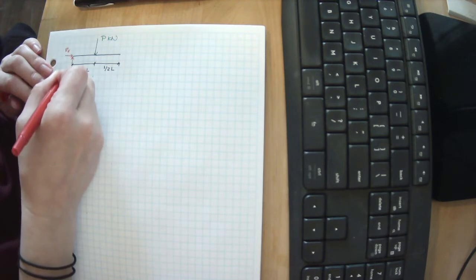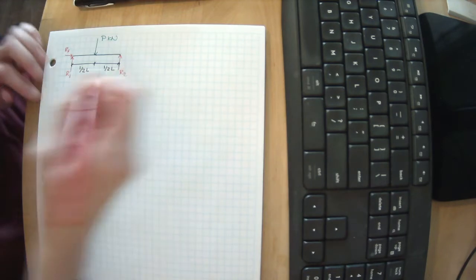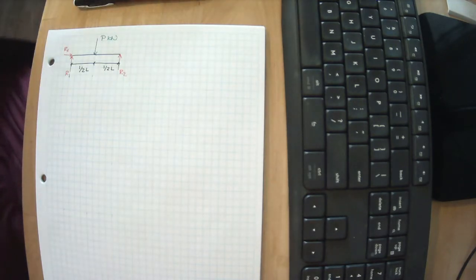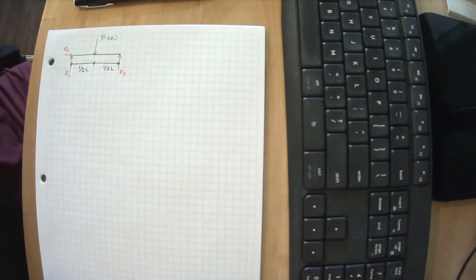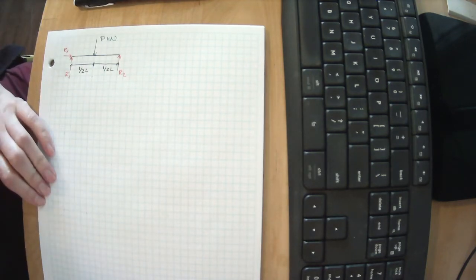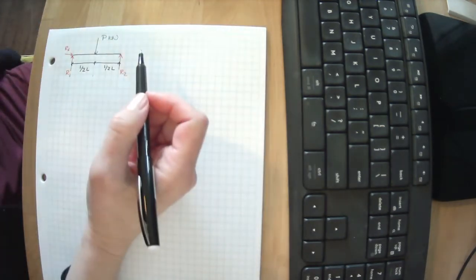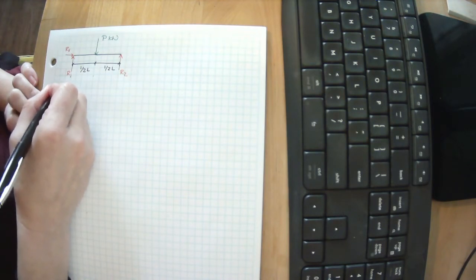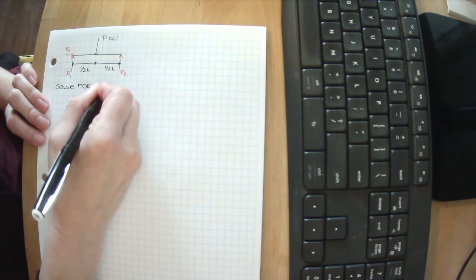Rx, R1, and R2. Okay, these are our unknown reactions that is going to hold this object in place. Okay? We want to solve for our reactions. Let's use our typical method. So, solve for reactions.